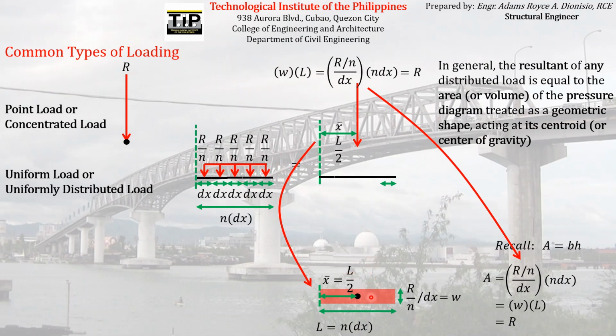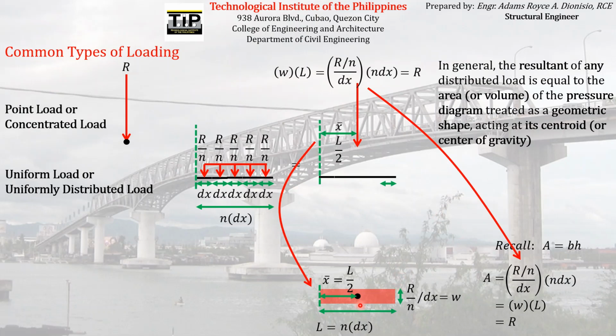Yung area ng geometric shape na yan, that is the resultant of the distributed loading. And yung location ng resultant na yun is just equal to the location nitong centroid nitong geometric shape na nabuo natin. So actually applicable yan sa kahit anong any type of distributed loading, kahit anong itsura, applicable yung ganyan technique.